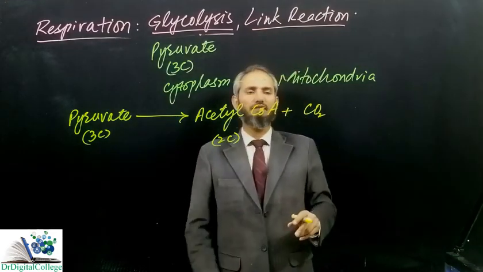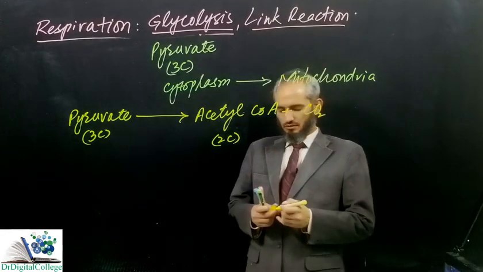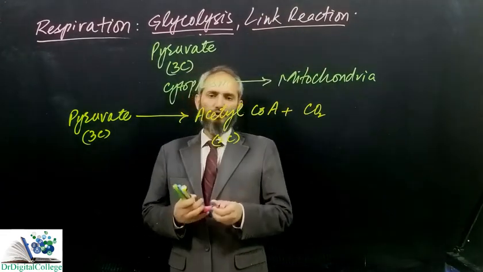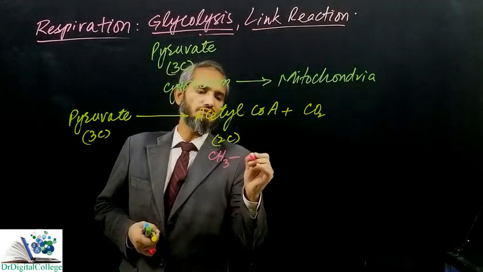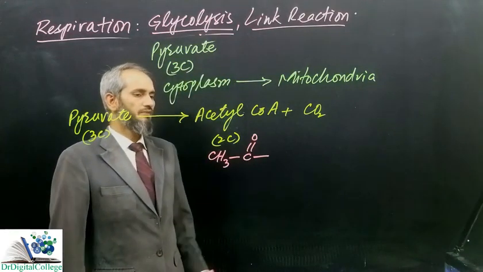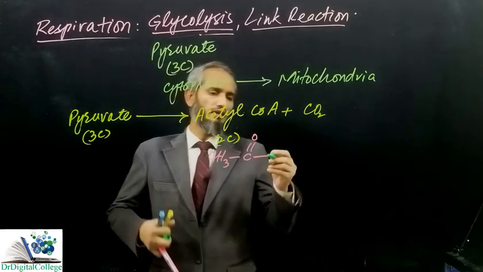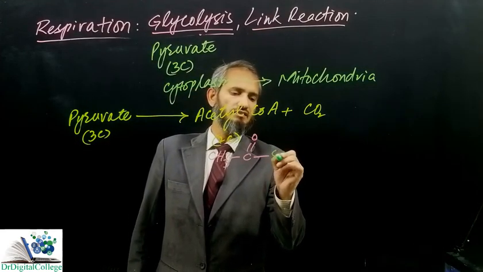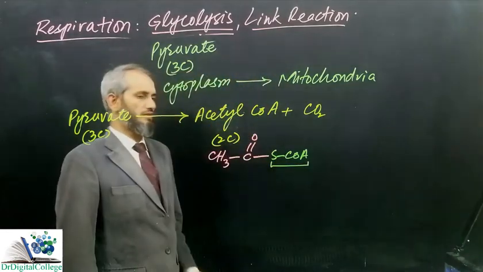One carbon is released, which is changed into carbon dioxide. You know that the acetyl group is CH3C double bond O, like this. And along with it, coenzyme A is attached like this, S-CoA. This is the part of acetyl coenzyme A.